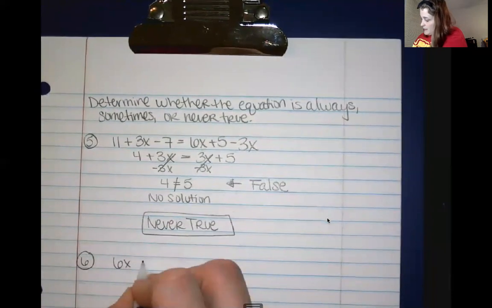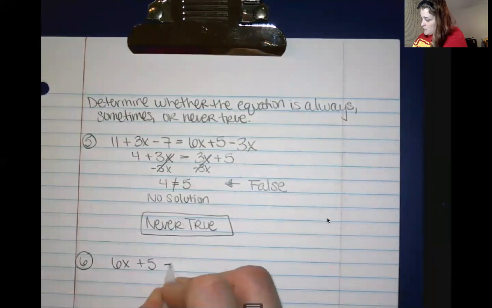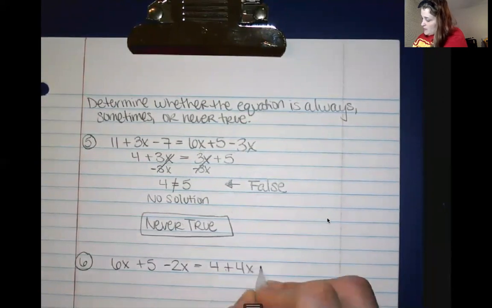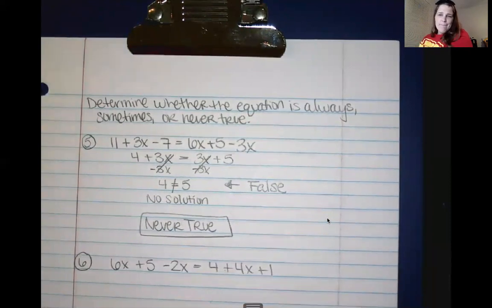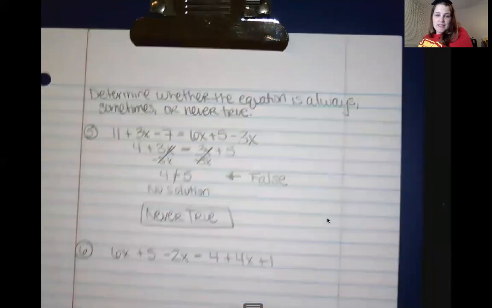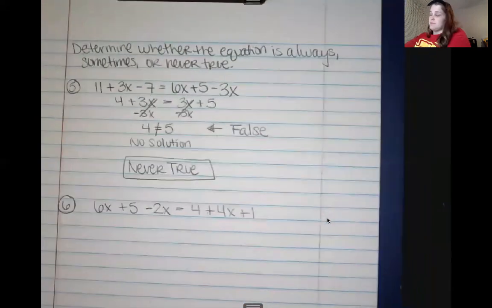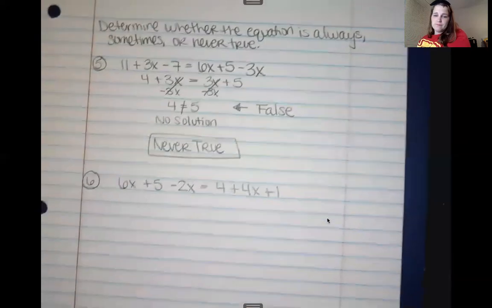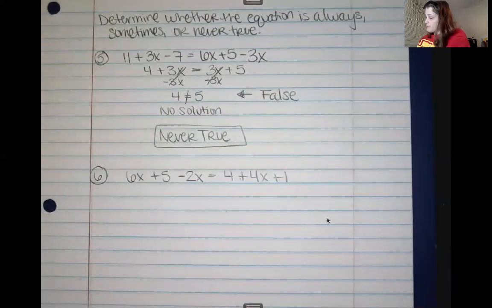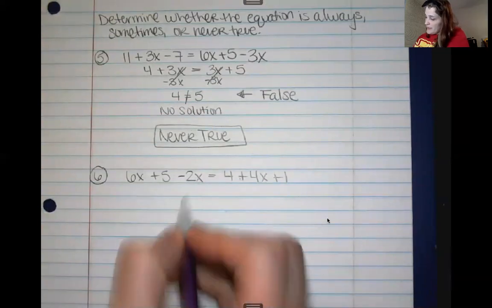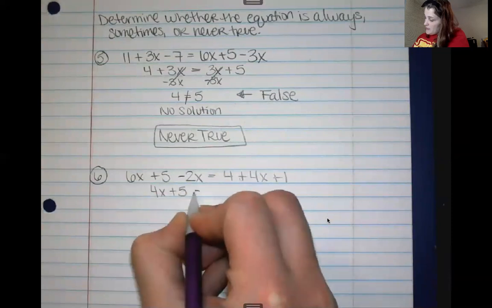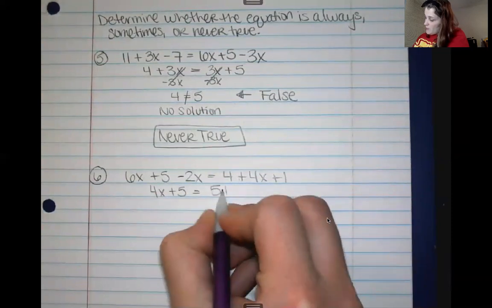6x plus 5 minus 2x equals 4 plus 4x plus 1. Sorry. So we're going to go ahead and simplify this. Try and keep this straight. There we go. So combine like terms and we get 4x plus 5 equals 5 plus 4x.